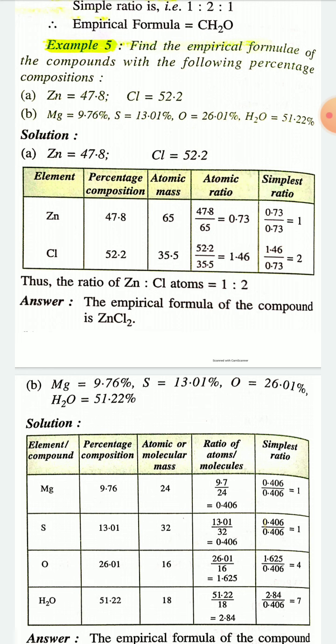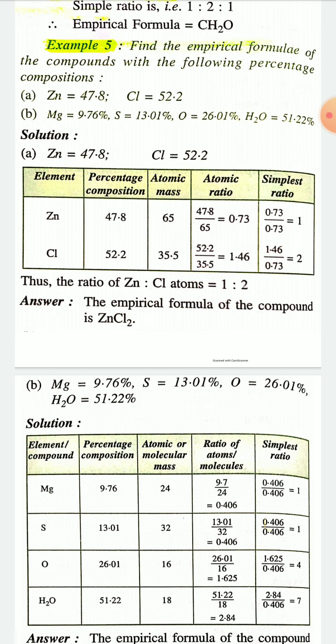So after dividing the percentage composition of chlorine by the atomic mass of chlorine, that is 52.2 divided by 35.5, the atomic ratio becomes 1.46. And I have told that now you have to find the simplest ratio of the atomic ratio. Okay, so the atomic ratio of zinc is 0.73 and the atomic ratio of chlorine is 1.46.